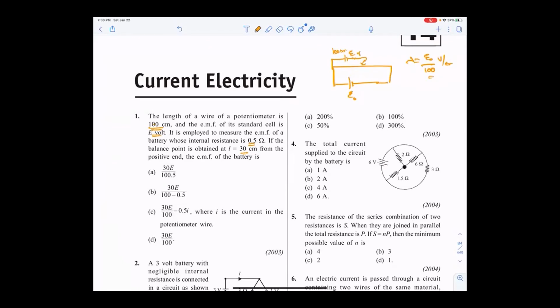The EMF of the standard cell is E. The balancing length L is equal to 30 centimeters from the positive end, and the question asks for the EMF of the battery.